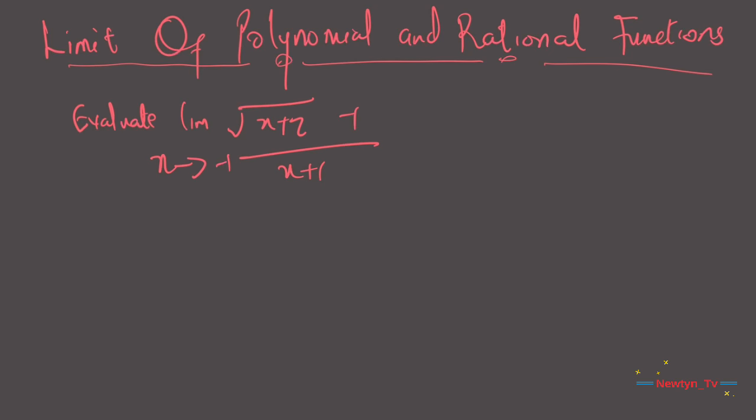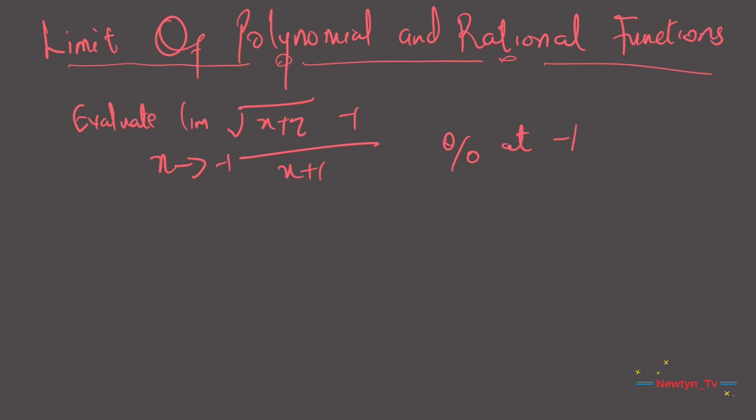In this problem, you can see that it has the form of 0 over 0 at negative 1. So we are going to begin by multiplying by the root of x plus 2 plus 1, which is the conjugate of the root of x plus 2 minus 1, on the numerator and the denominator.